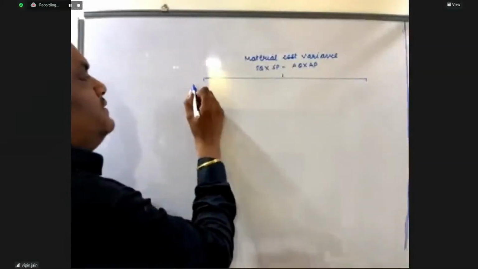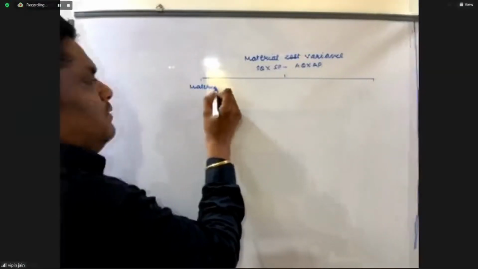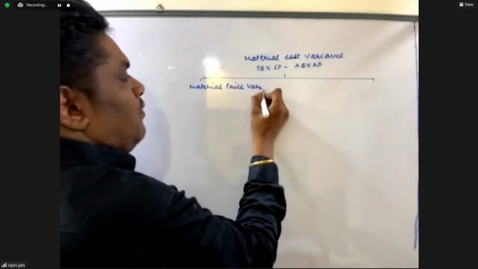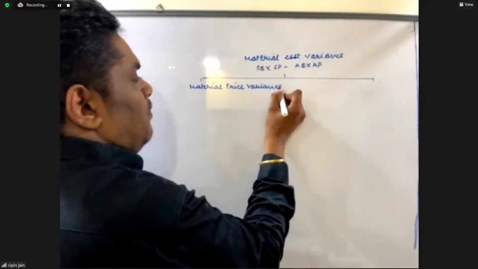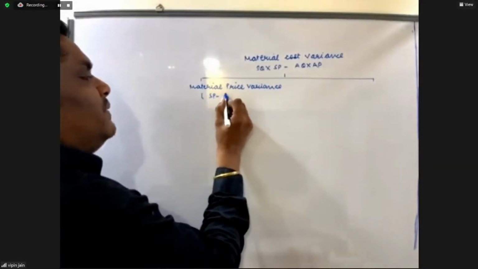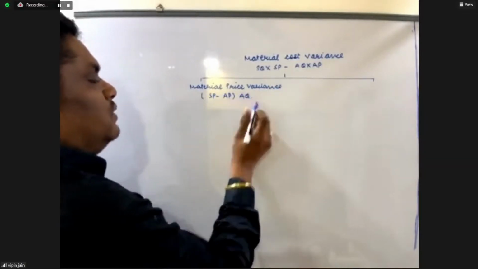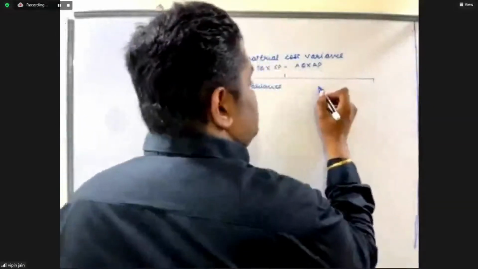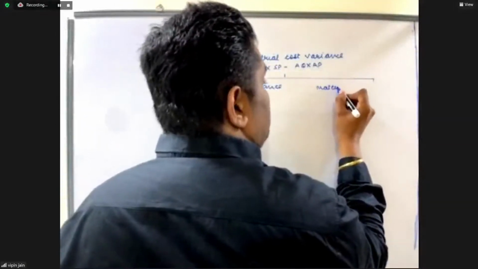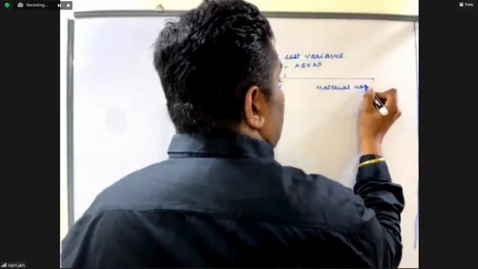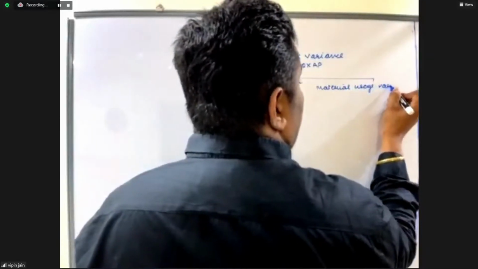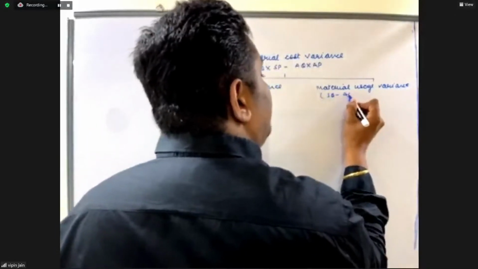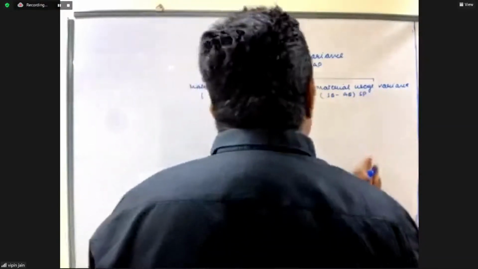Further, we discussed material price variance, it is standard price minus actual price into actual quantity. Thereafter, we discussed material usage variance, that is standard quantity minus actual quantity into standard price.